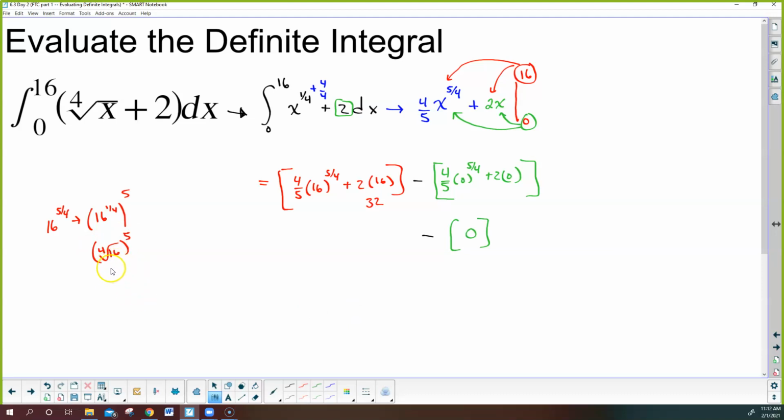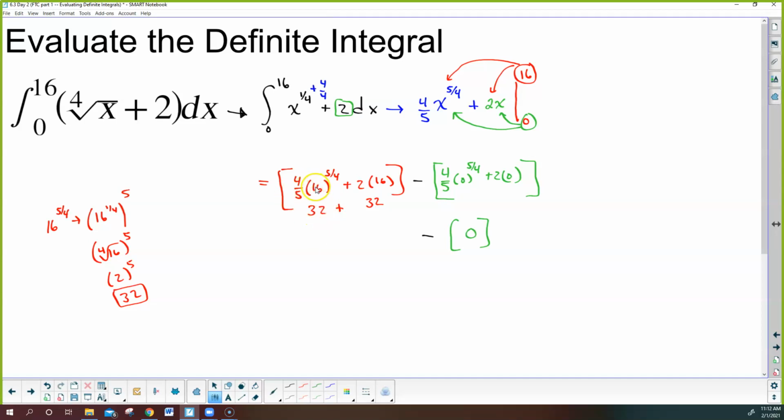You can keep dividing by 2, but you know that 2 times 2 times 2 times 2 is 16. So the 4th root of 16 is 2, and then 2 to the 5th power is 32. And yes, they expect you to be able to do all of that without a calculator. And we're hoping that it actually becomes something that is very quick and very friendly.